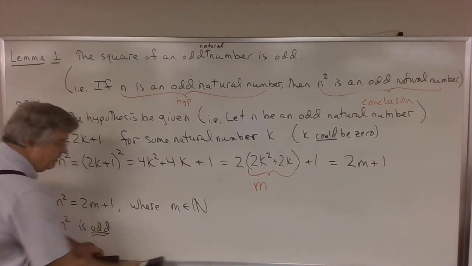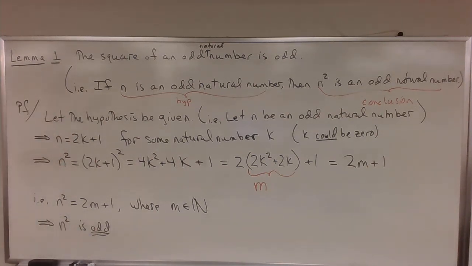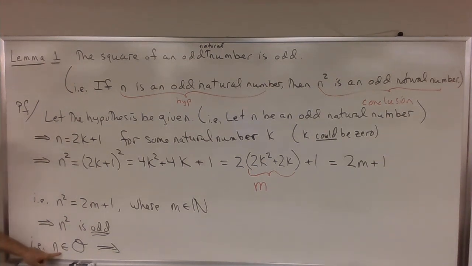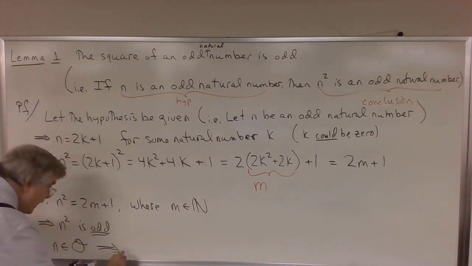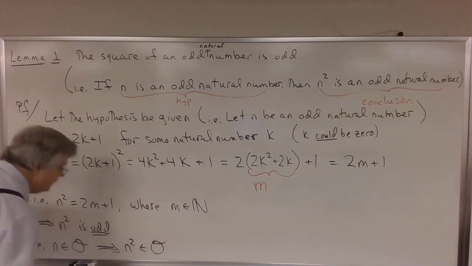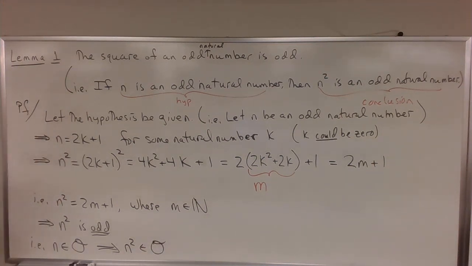Now technically I'm done with my proof, but for the sake of my reading audience, I'm just going to restate what I've done. So if n is an odd natural number, that implies that n squared is an odd natural number.